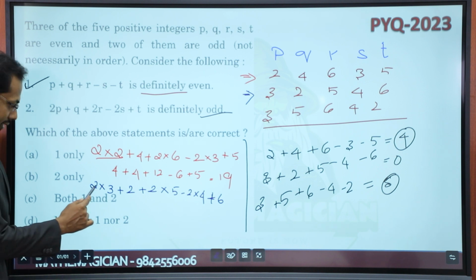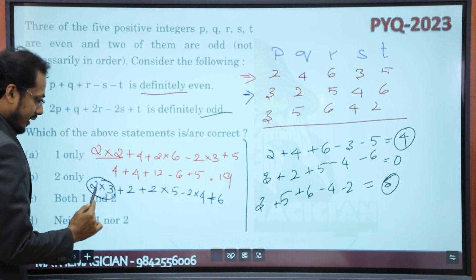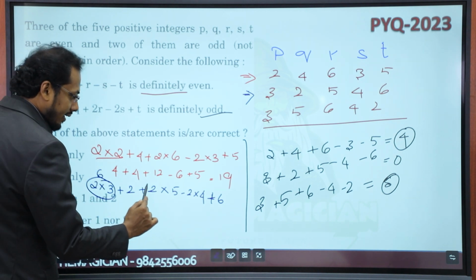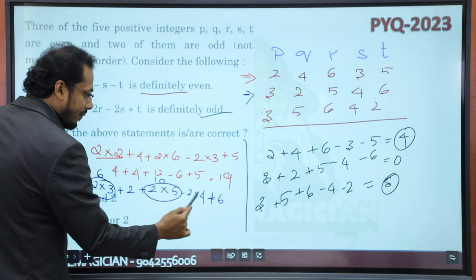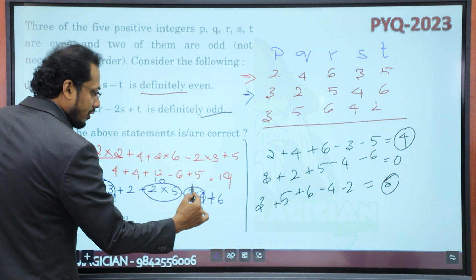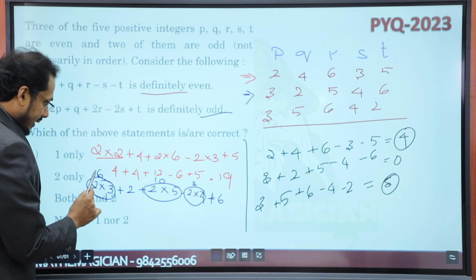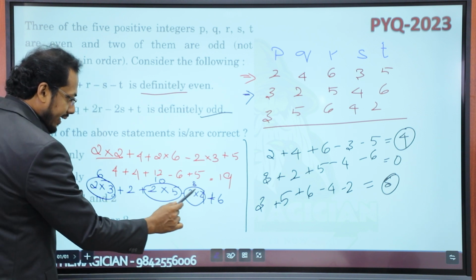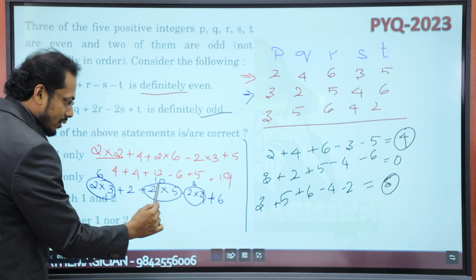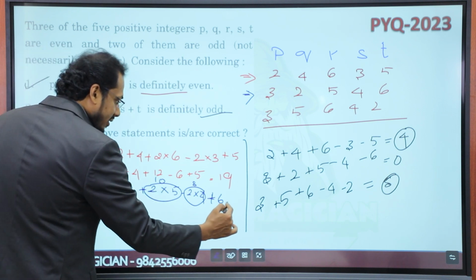Now do this. Here I got 3 into 2 is 6, then 5 into 2 is 10, again 4 into 2 is 8. Okay, 6 plus 2 is 8, 8 minus 8 getting cancelled, so 10 plus 6 is 16.